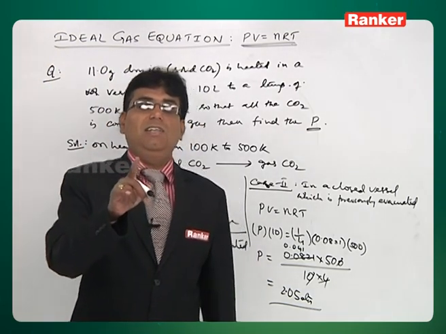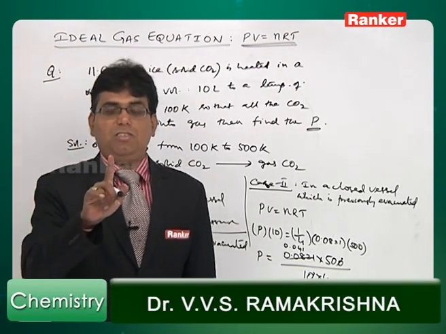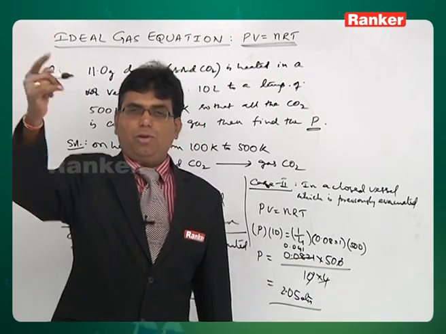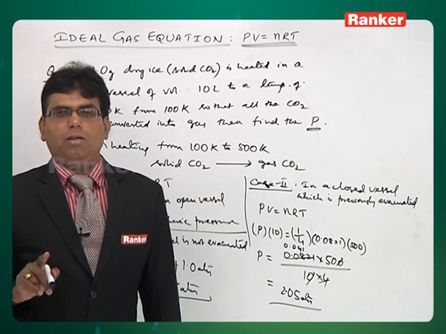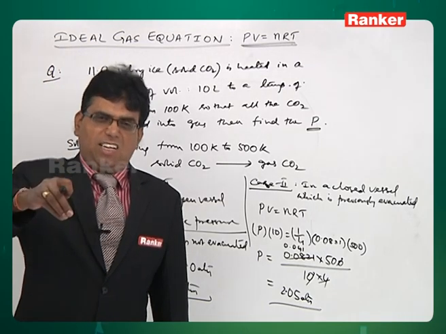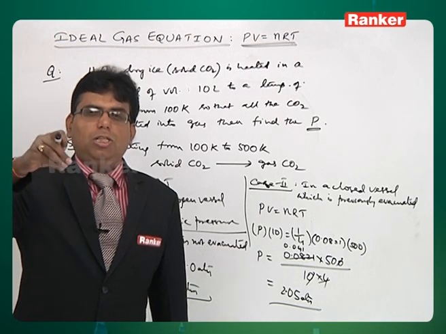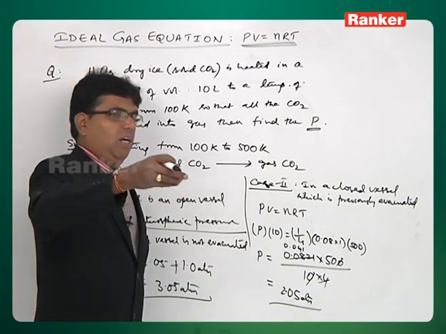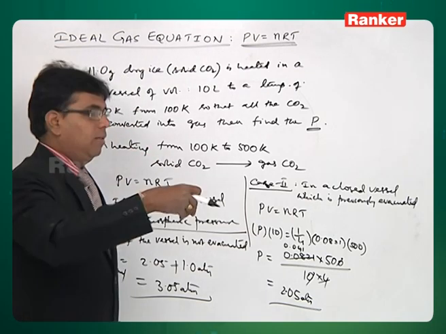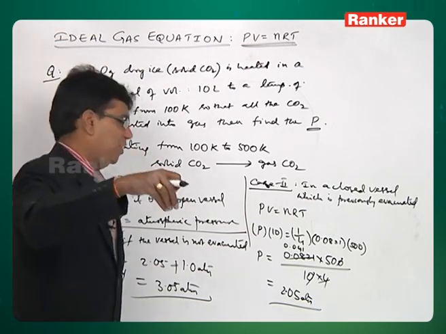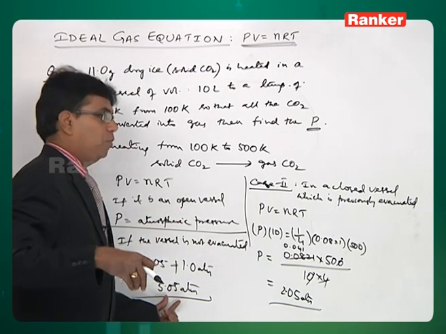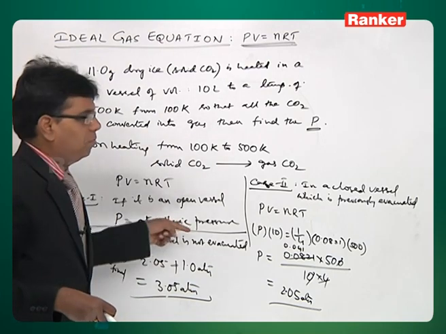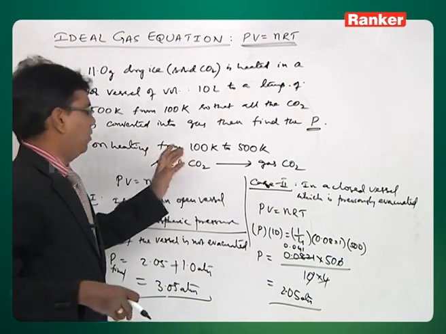The reason being that the vessel is not evacuated first. So, already there is a gas inside the vessel, and that pressure is equal to atmospheric pressure, and then the gas is added. So, the total pressure in the vessel is equal to the atmospheric pressure at which the air is already present, plus the increase in pressure due to addition of the gas, and the total becomes 3.05. Okay. So, these are some tricky questions that we normally get.